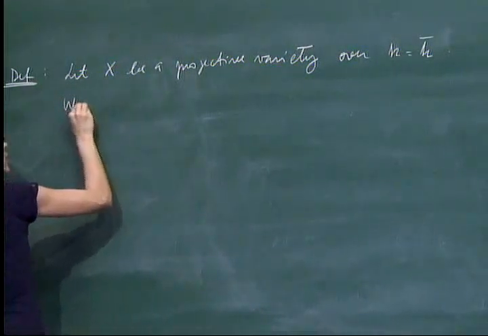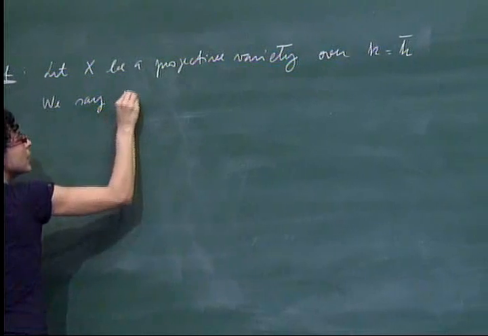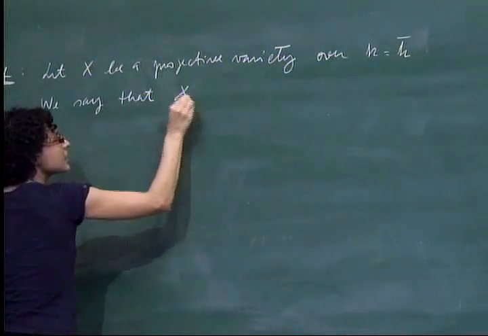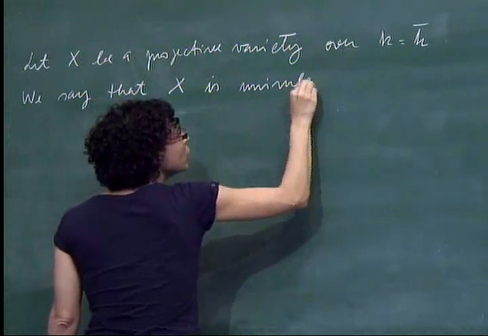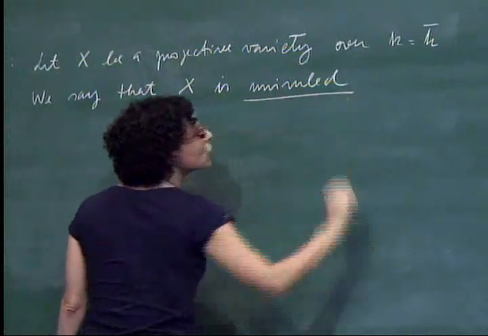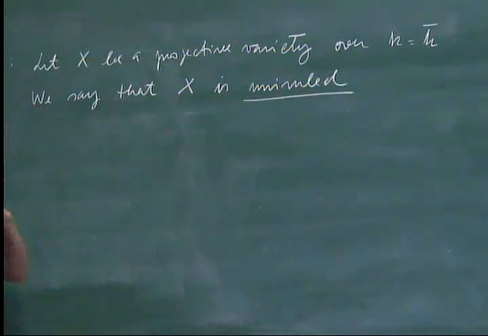So we say that X is uniruled. So here what we want to say is that we have a family of rational curves that sweep out some dense open subset of X.